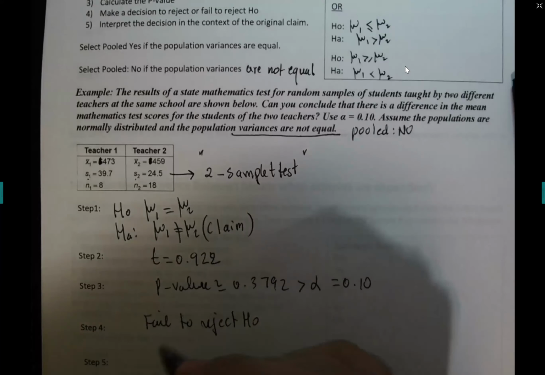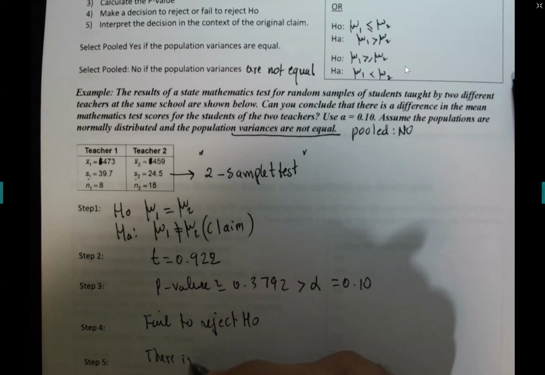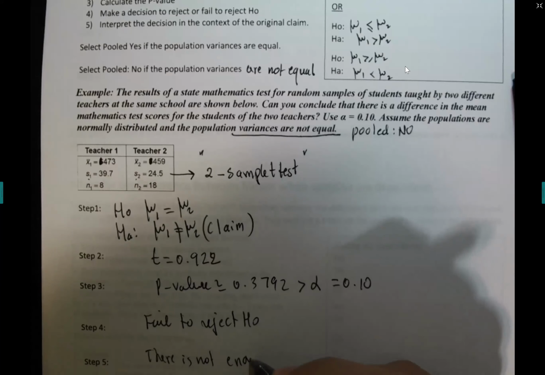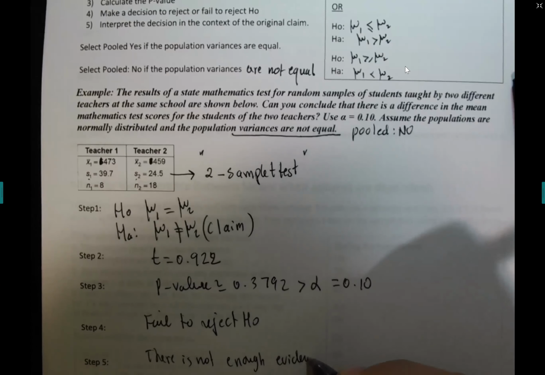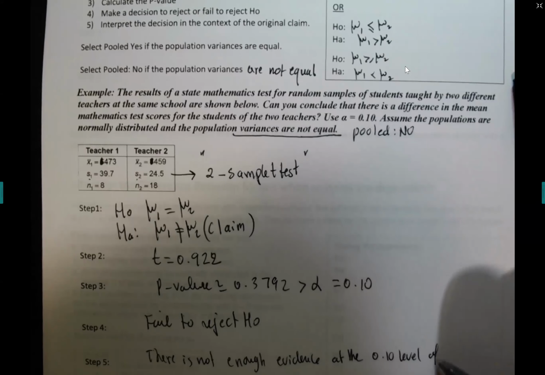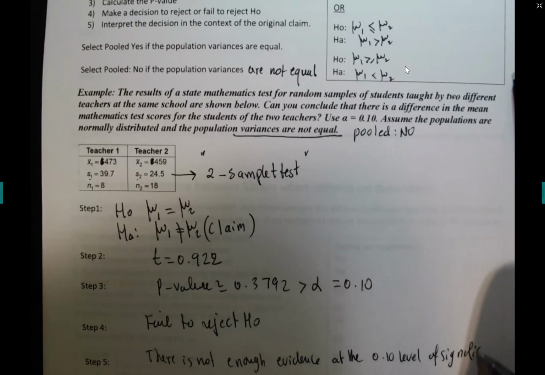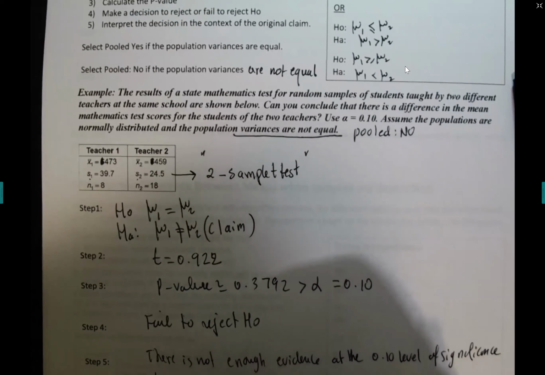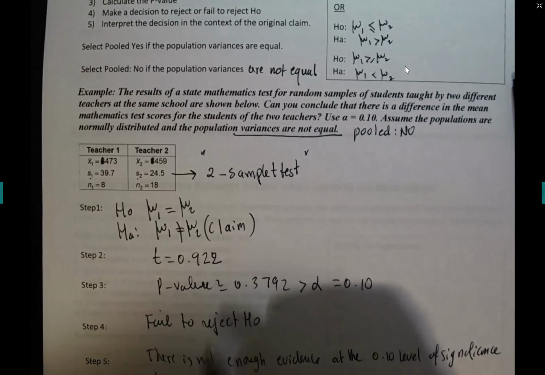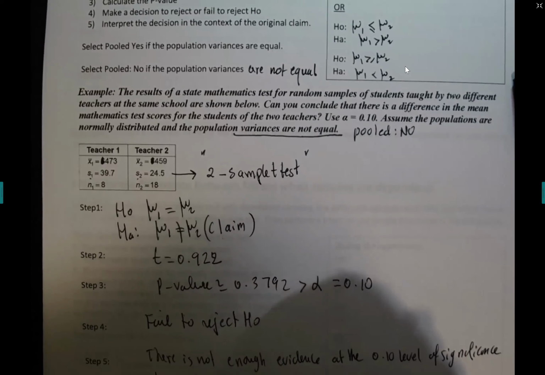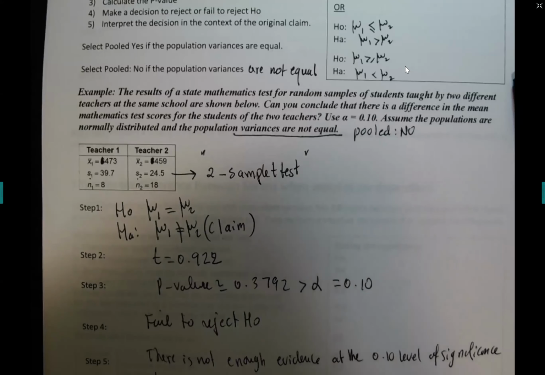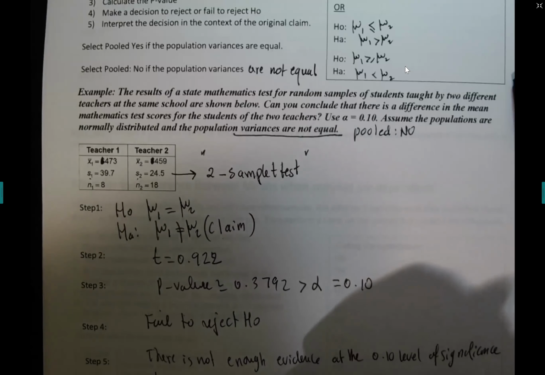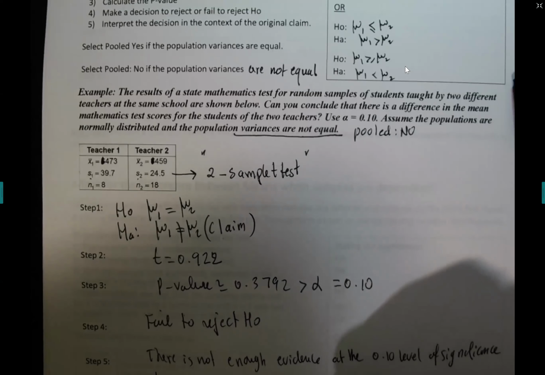So the conclusion: there is not enough evidence at the 0.10 level of significance to, and don't let that confuse you guys, the claim is in HA, just use the word support, to support the claim that there is a difference in the mean math test scores for the students of the two teachers, that there is a difference.